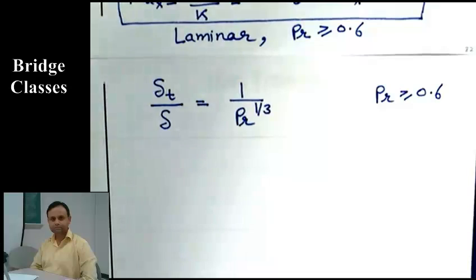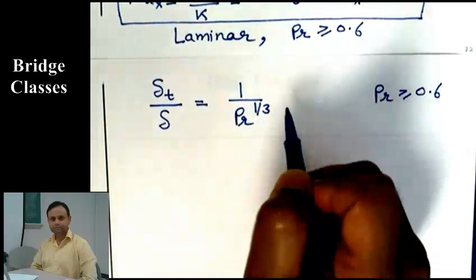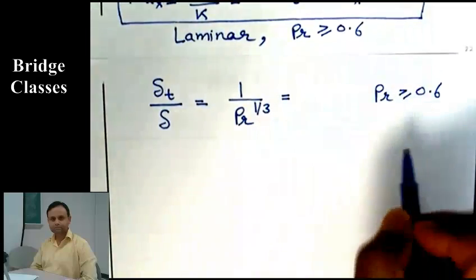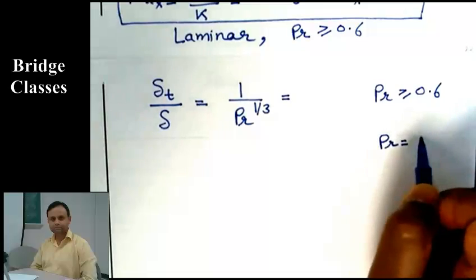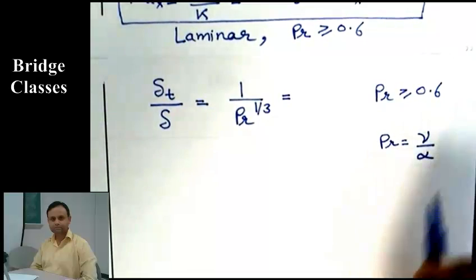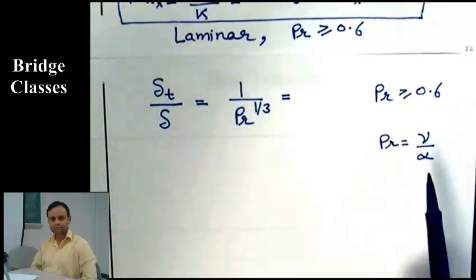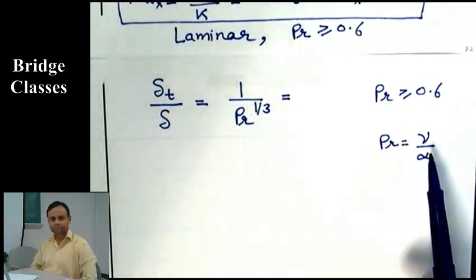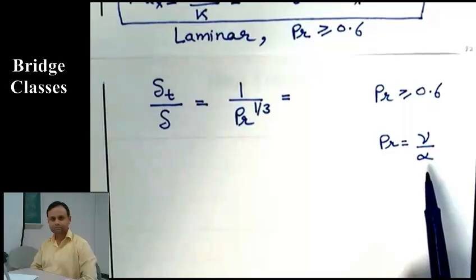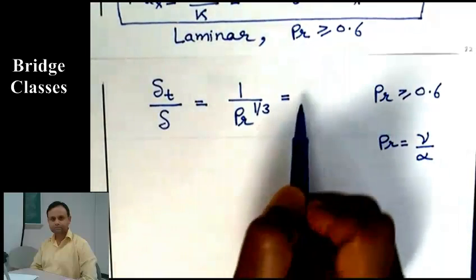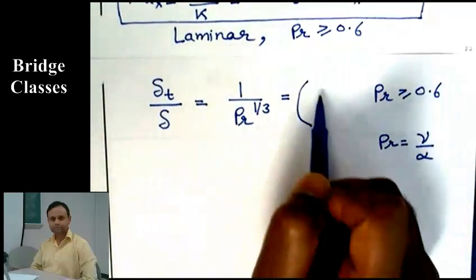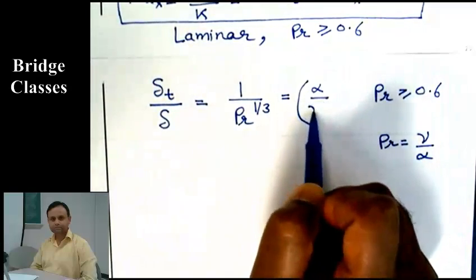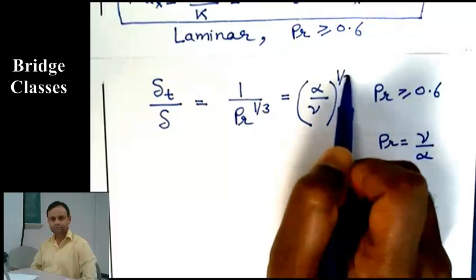Since Prandtl number is nu over alpha, where nu is momentum diffusivity or kinematic viscosity and alpha is thermal diffusivity, this equals alpha over nu to the 1/3.